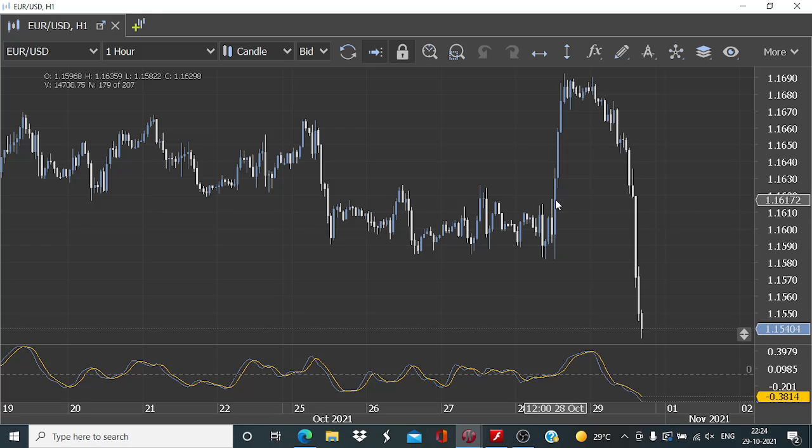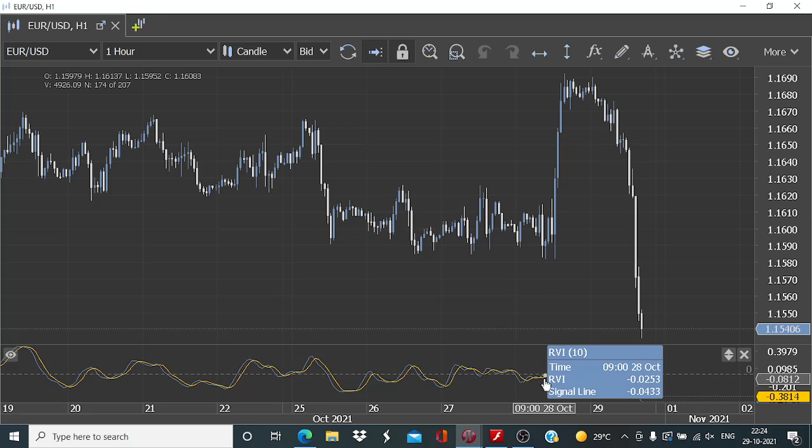So suppose it is this, we will be taking into consideration the interval of 4 hours: 1, 2, 3, and 4. So this is the hourly candle. We will compare with the closing value of this, and as you can see, this time around there is indeed a difference of more than 20 pips.